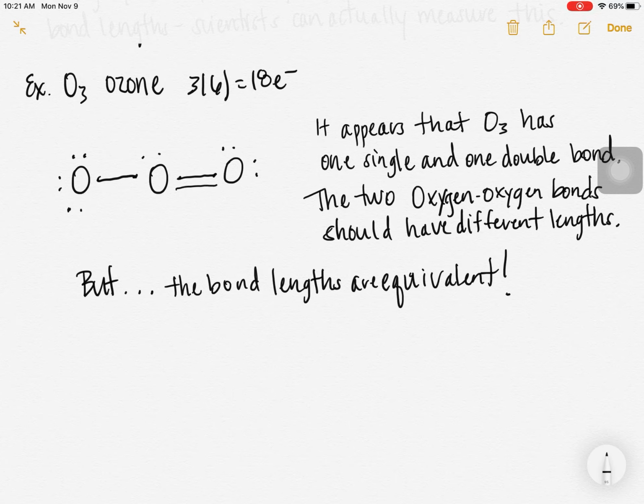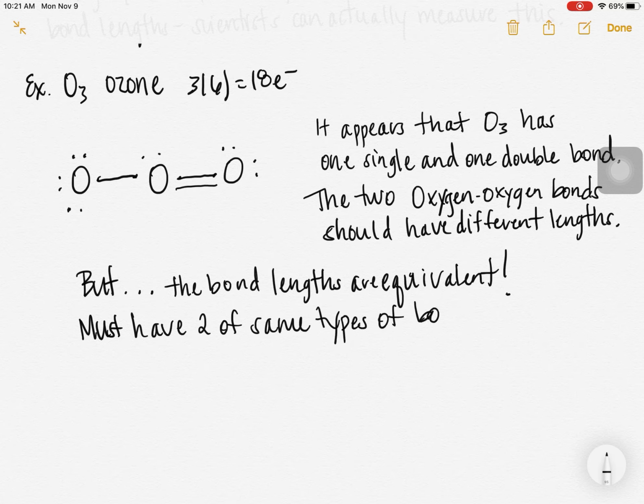They can only be equivalent if they have two of the same type of bond. And that would only be the case if we can make this with two singles or two doubles, and neither of those Lewis structures work.